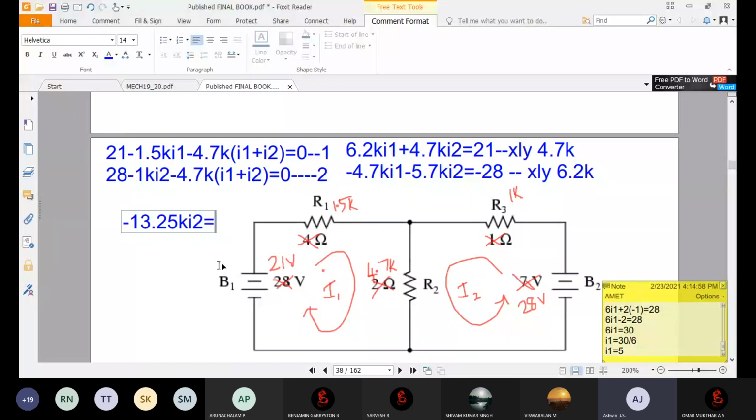And this is equal to minus 74.9, minus 74.9. Is this 74.9?